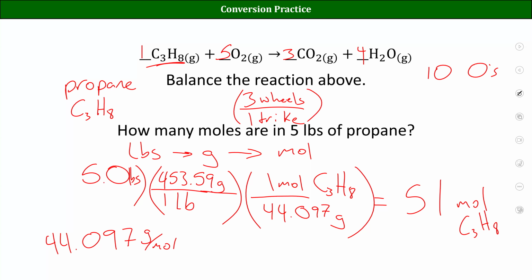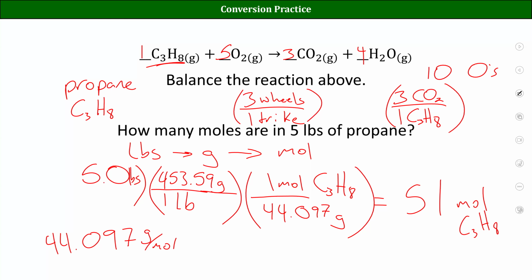Replace tricycle with C3H8 and replace wheels with CO2. For every 1 propane, that's 3 CO2s that get made. Once it's balanced, these coefficients are conversion factors too. Because it lets us say for every 1 mole of propane that burns, I can make 3 moles of CO2.